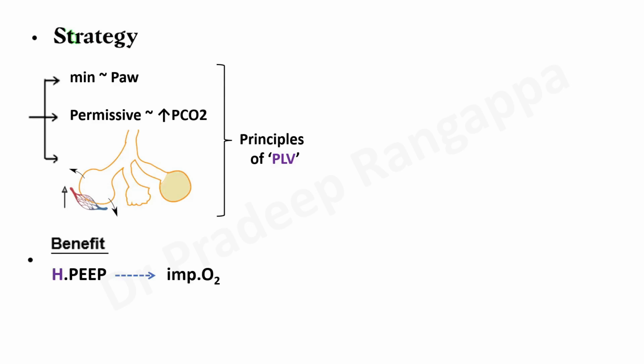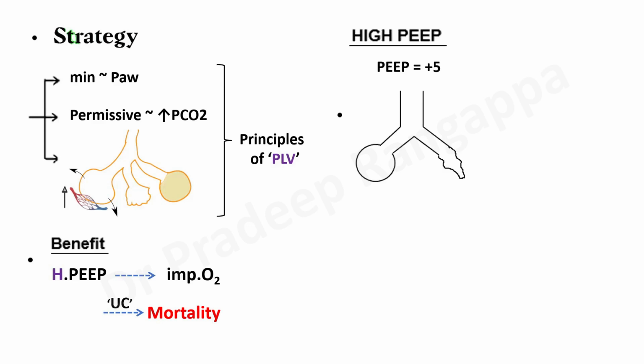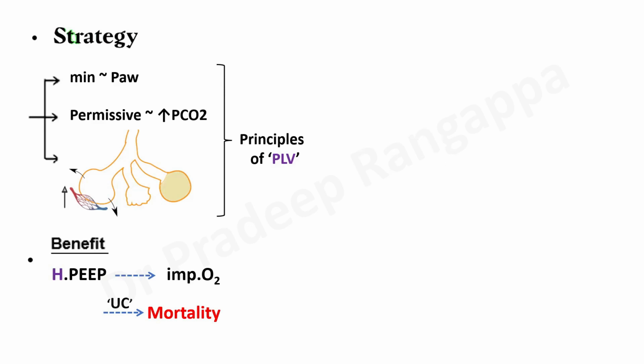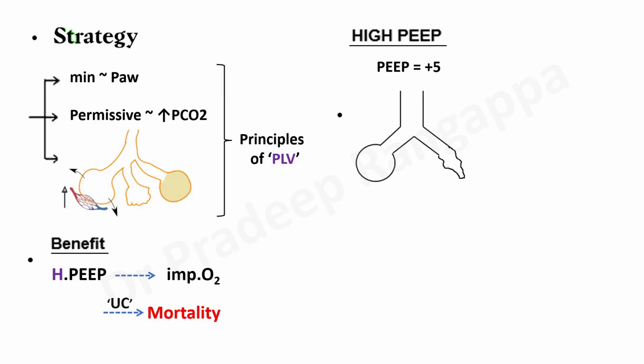So high PEEP is claimed to improve oxygenation. We all know that if you give high PEEP, oxygenation improves, but we are very unsure whether it has any bearing on mortality, whether it reduces mortality. So why do we give high PEEP? Because we understand that in ARDS, in the lungs, there is a huge amount of heterogeneity.